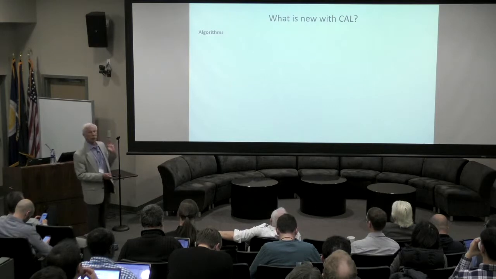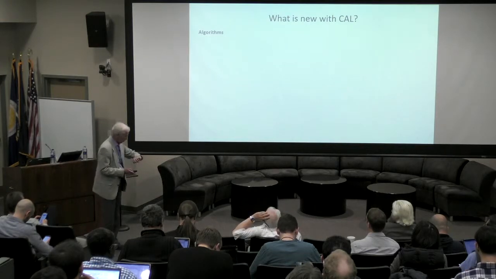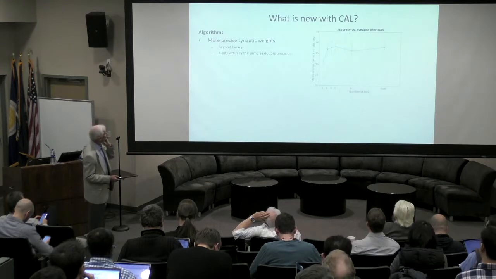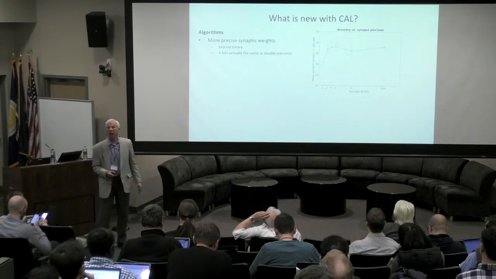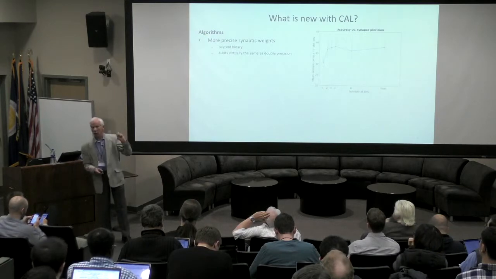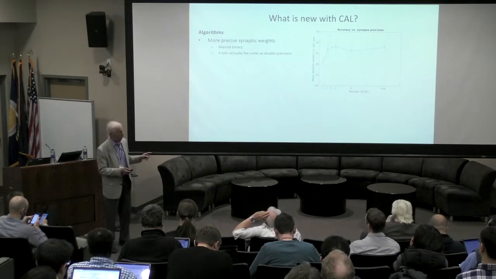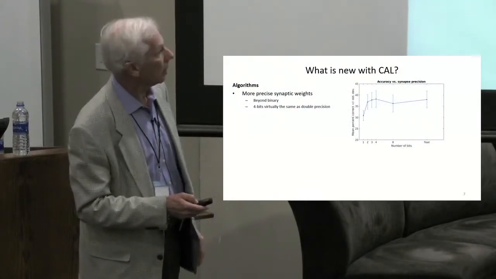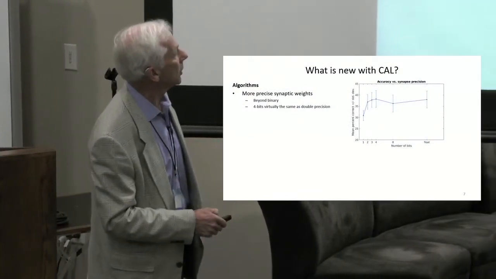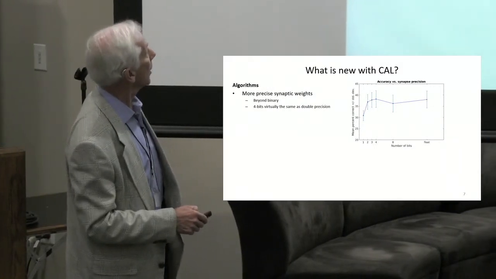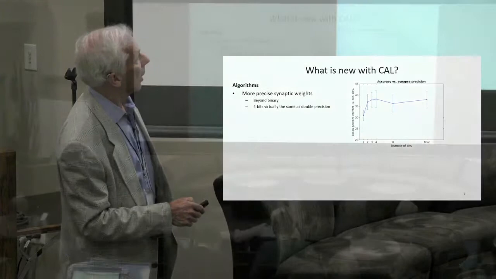So what have we done new with Cal in the last year? First of all, we've got away from binary synapses. Neurons are still binary. The synapses now have some adjustable weight. And we looked at several different numbers of bits to represent the weight of the synapse.